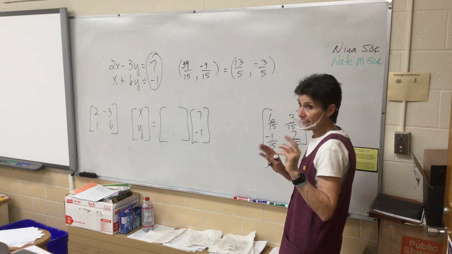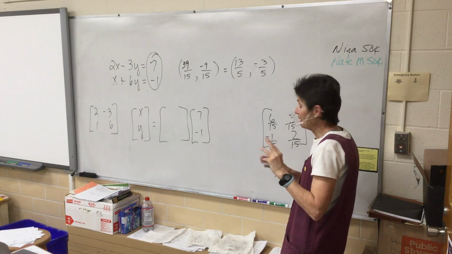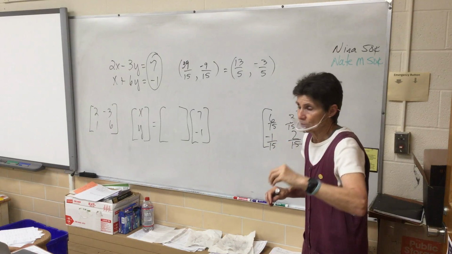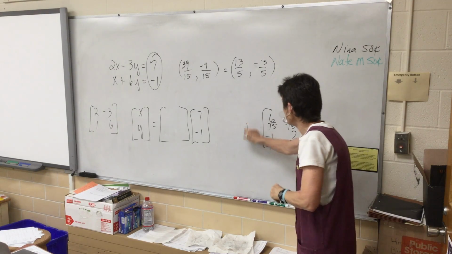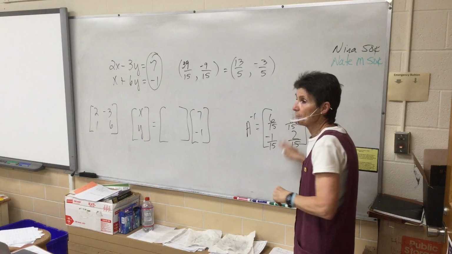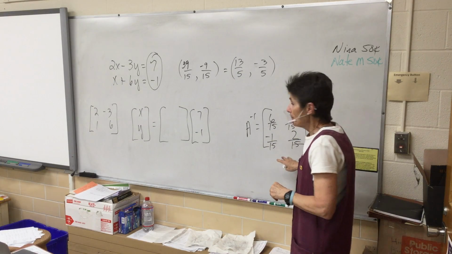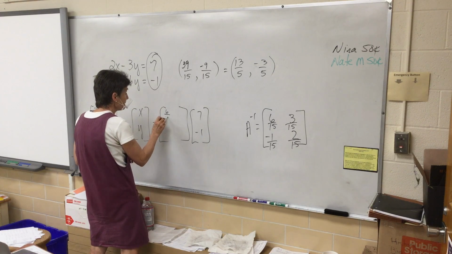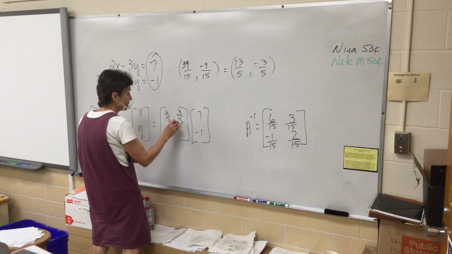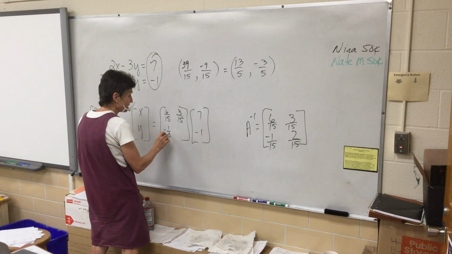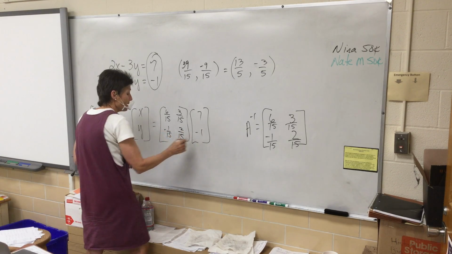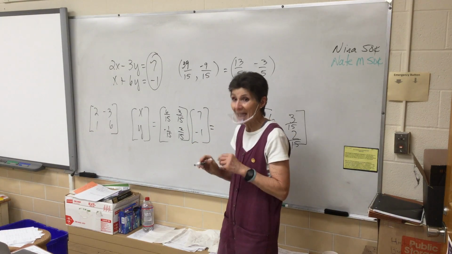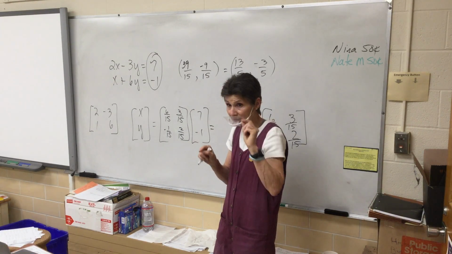Now, little trick, might save you time, might not. If the directions are find the inverse, if your job is to just say A inverse equals, you want to simplify all that. But if you're using that inverse to multiply, it might be easier to leave the denominators the same, because remember, part of the multiplication process is adding the pairs.